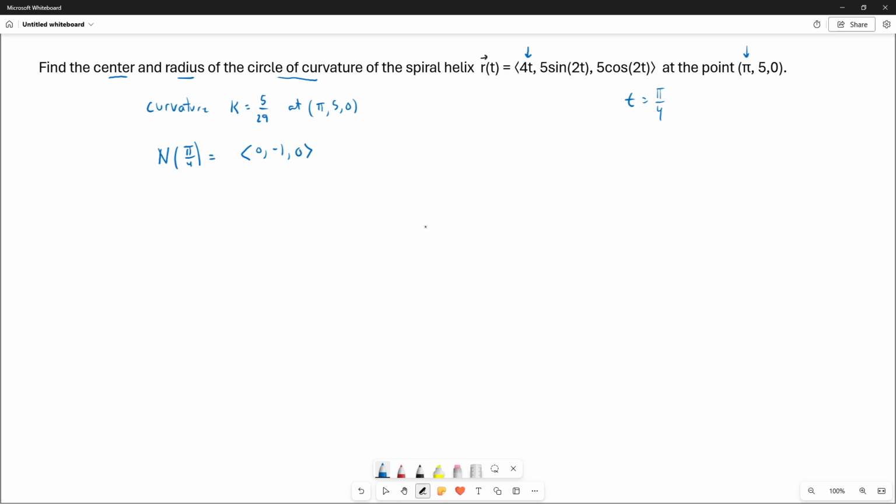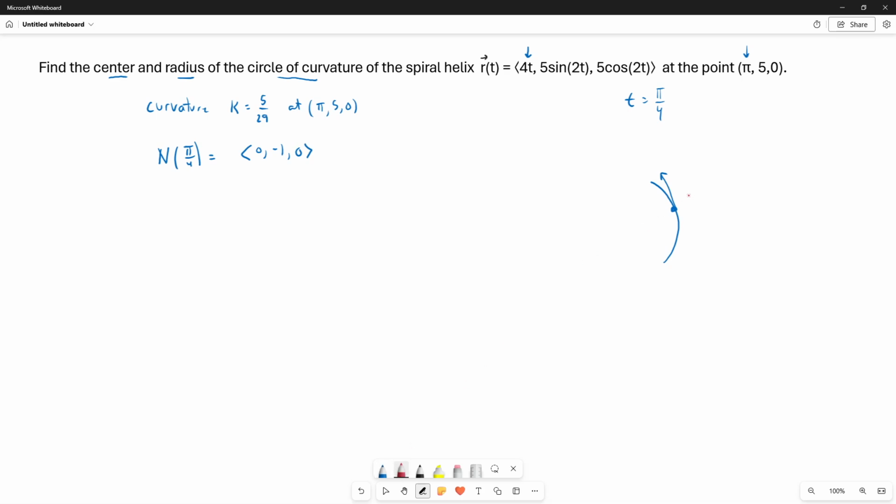So when you have a curve and a point, then not only is there a tangent vector at that point, but there's also a circle that most closely resembles the curve.